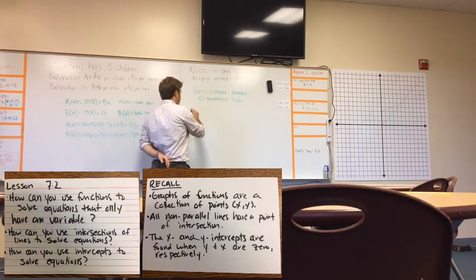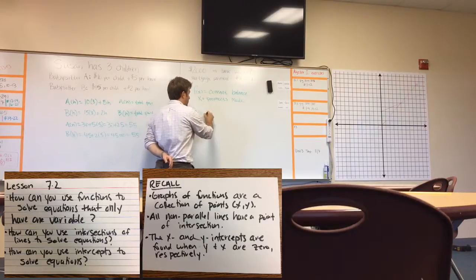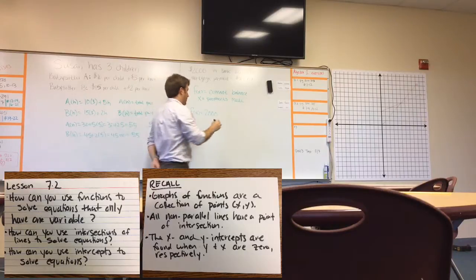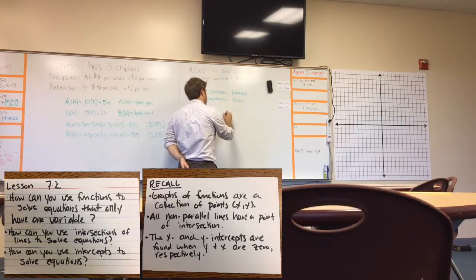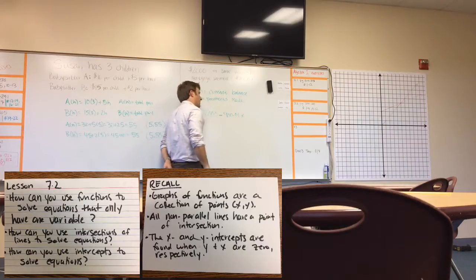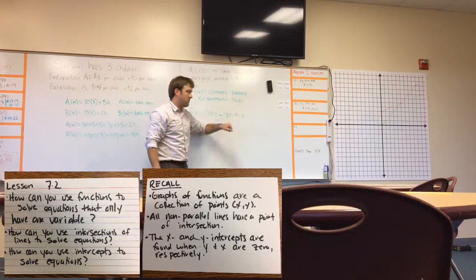So we can say f of x equals 2,000, the starting amount of money in the bank account, minus $900.01 for every month, for every payment made.